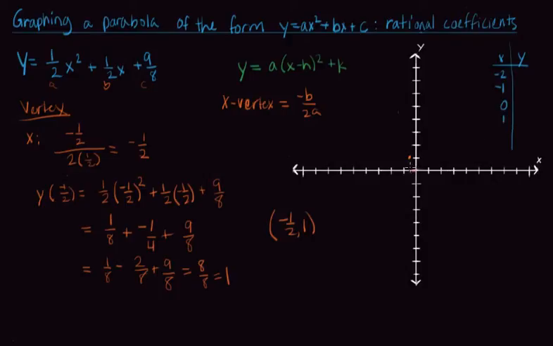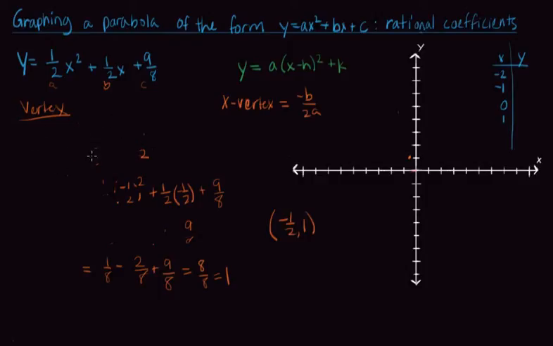And these points are symmetric, so negative 2 should have the same y value as 1, and negative 1 should have the same y value as 0, because it should be symmetric around the vertex. So that'll be a good way to check, especially since we're using fractions. So let me go ahead and erase a little bit of this work here so we have some room to do some new work.